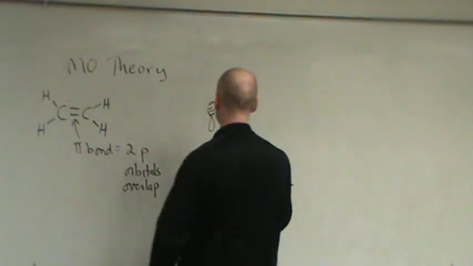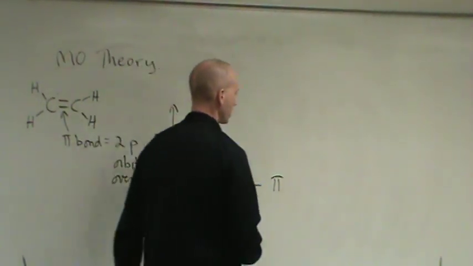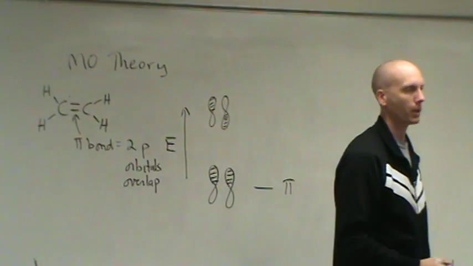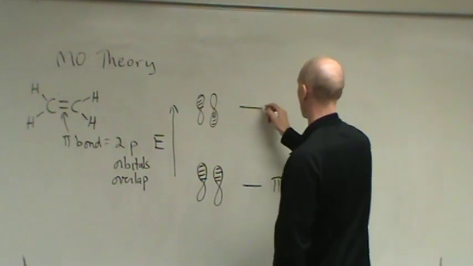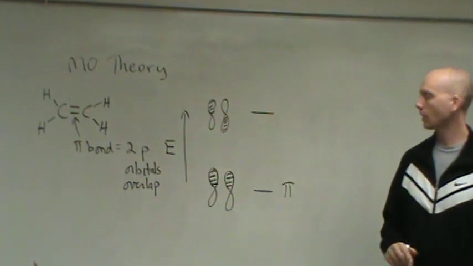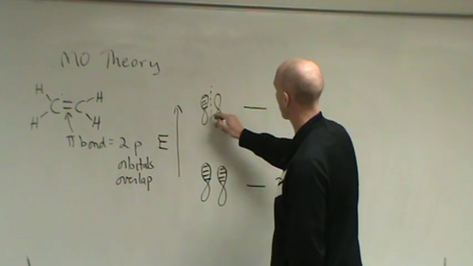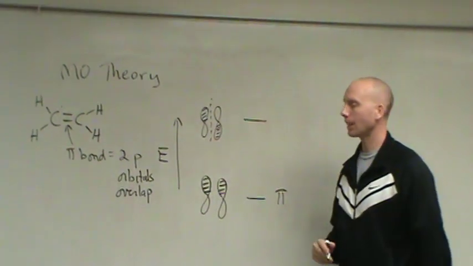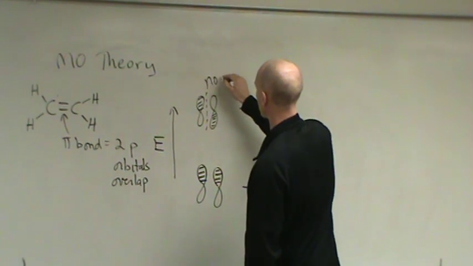And so as a result, it's going to cost us some energy. So that energy level for these two overlapping is going to be at a higher energy than that. And if you note, when these two try to overlap, a node forms, doesn't it, between the 2 p orbitals.